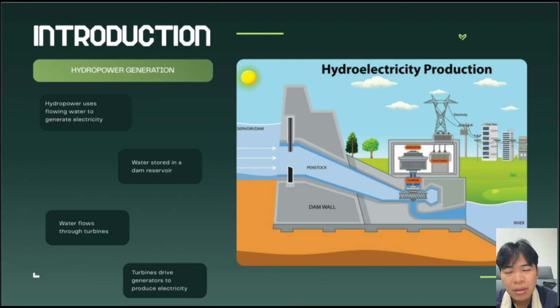A dam stores water in a large reservoir. When the water is released, it flows through the turbines, and then the turbines spin the generator which produces the electricity. Hydropower is considered renewable because it uses the natural water cycle. Next slide.